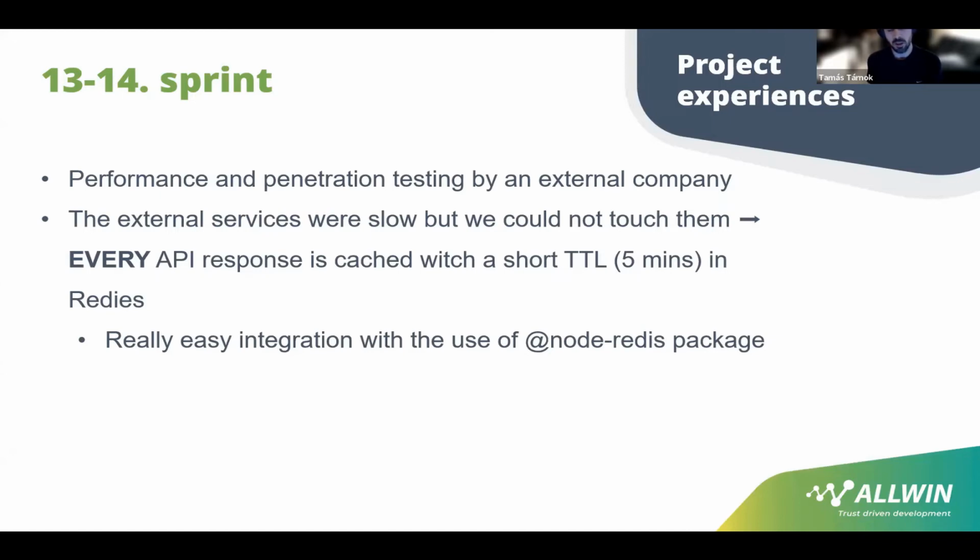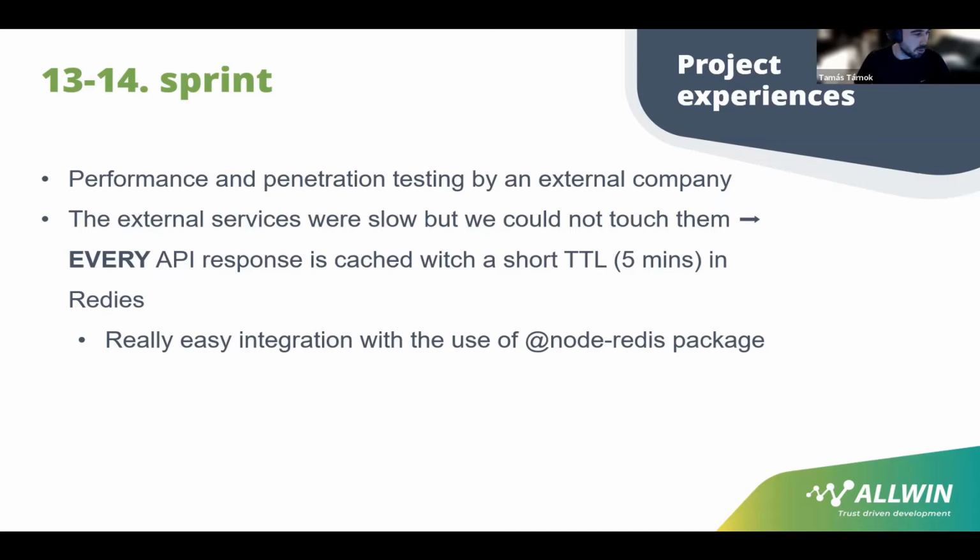So I mentioned that we had a lot of external APIs we had to connect to, and these APIs, basically we couldn't touch them. We just had to accept how they are working, and therefore most of them were pretty slow.